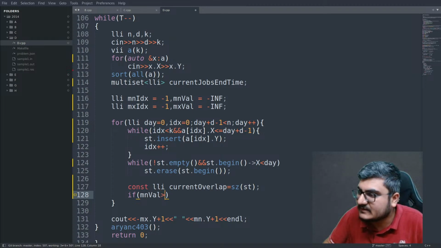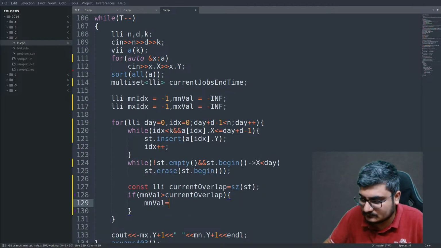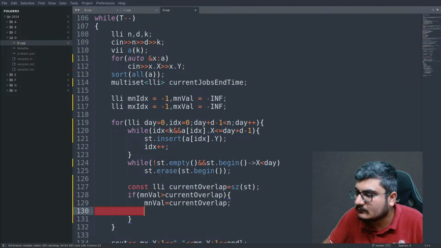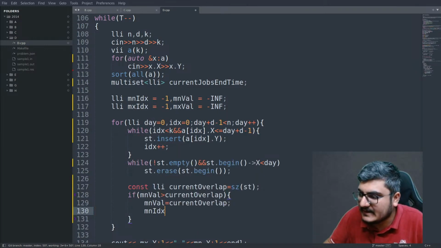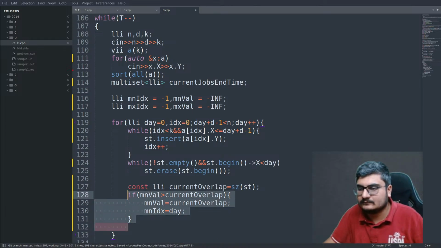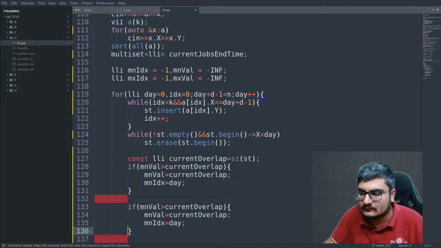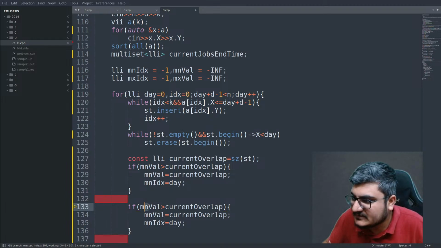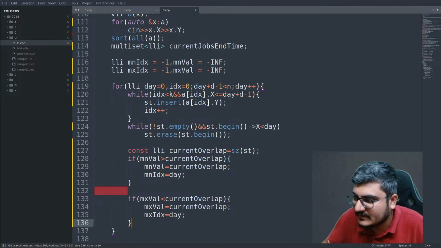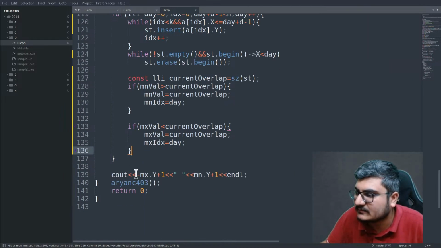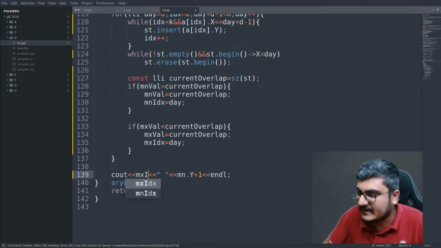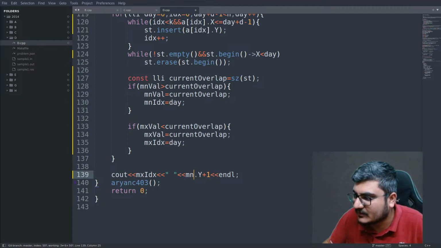If the min value is greater than the current overlap, and min index or day is my current day. The time complexities are the same for set and multi-set. If my current value is less than the day, then I should also print the current max. Then I can print max index and min index, whatever is asked in the problem.